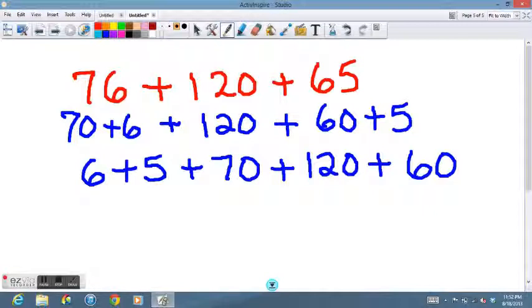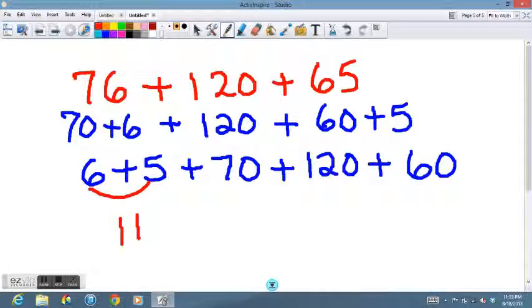Now, I've written the same 5 numbers down, but I've put them in a different order. But I'm allowed to do that as long as I have addition all the way through, which I do. Now why would I write them in a different order? Well, some of the numbers might be easier to add together than others. So I'm going to add the 6 plus 5 together and get 11.